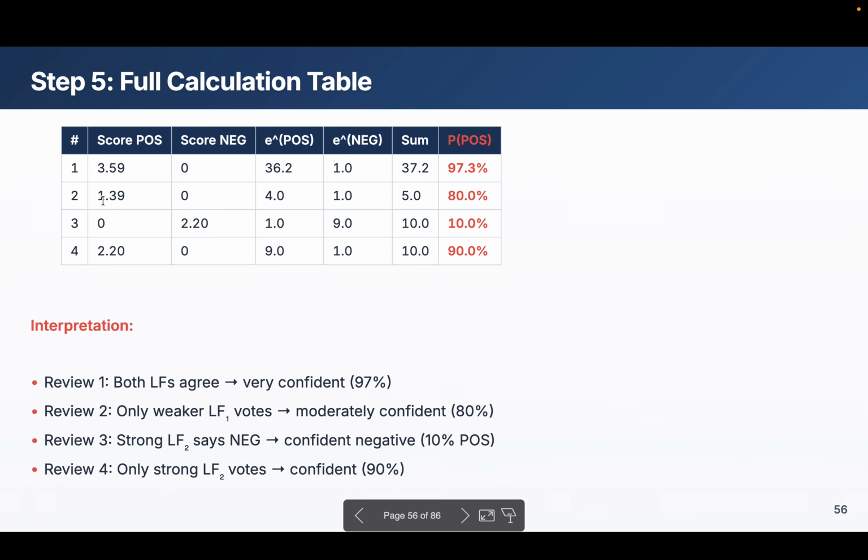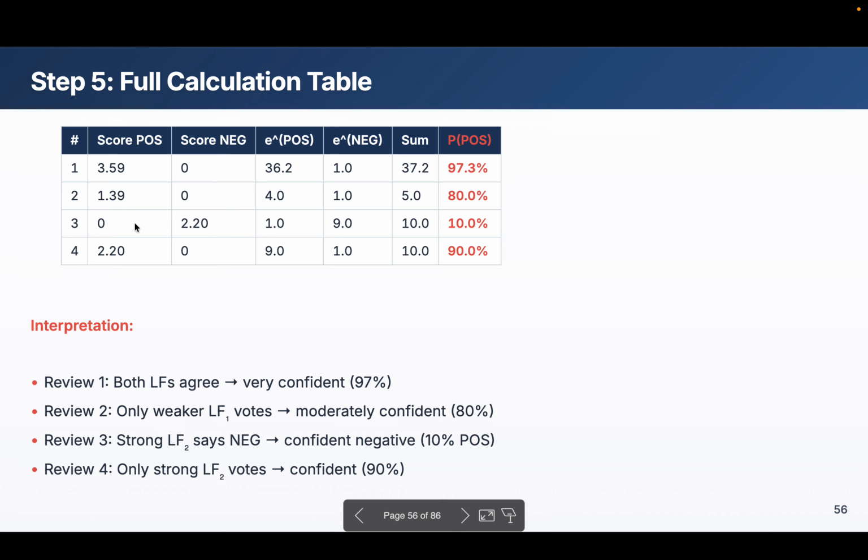So again, e to the power 1.39 divided by e to the power 1.39 plus e to the power 0 gives me 4 divided by 4 plus 1, which is 0.8. e to the power 0 divided by e to the power 0 plus e to the power 2.2 gives me 1 over 9, which is 10%, and similarly for the last example I get 0.9.